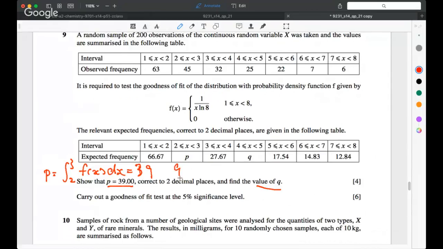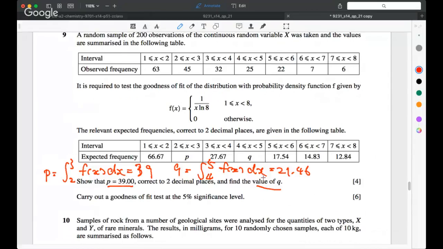And q, we can do the same. It's the integral from 4 to 5 of f of x dx, and that will give you 21.46.